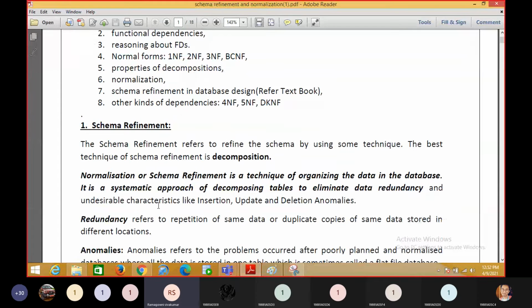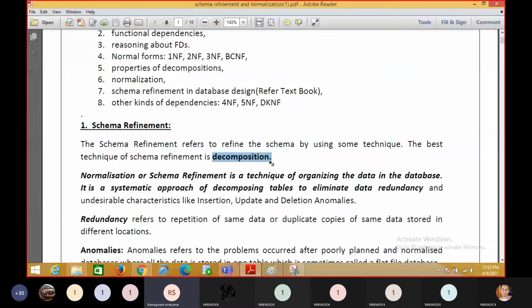First, schema refinement. Schema refinement refers to refining the schema, purifying our database, cleaning the database by using some techniques. The best technique of schema refinement is decomposition.